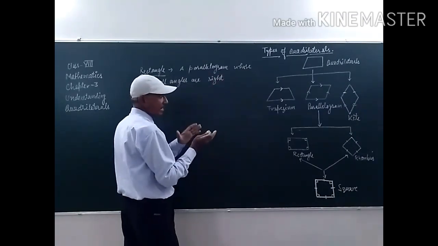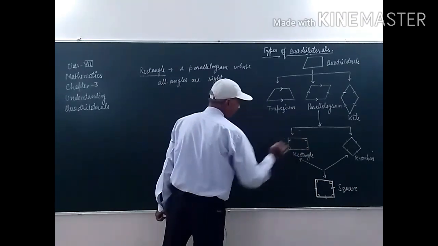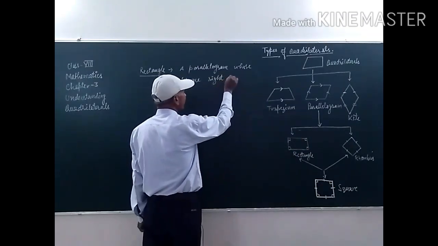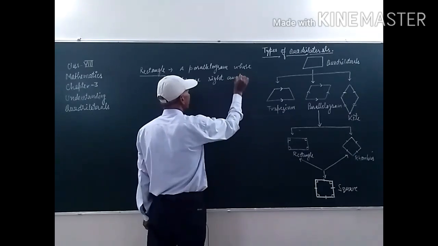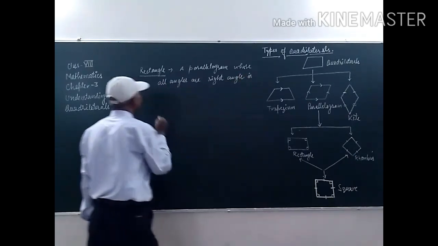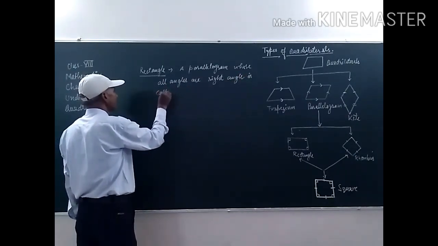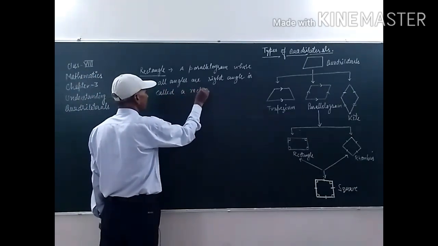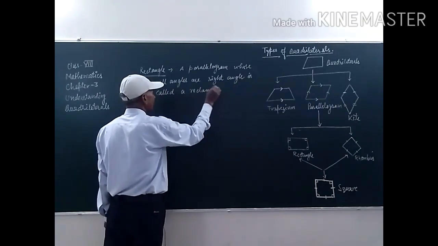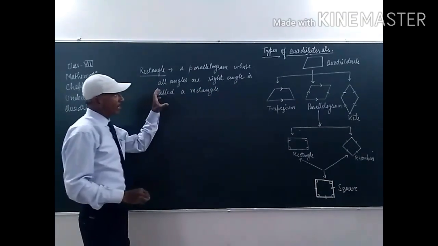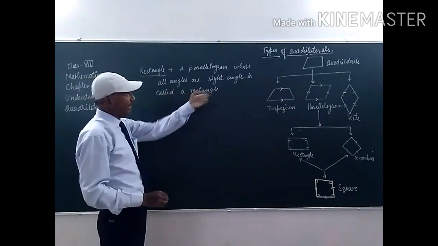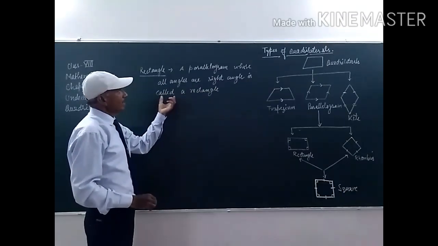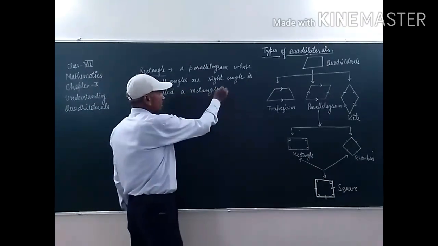Right angle means 90 degrees. A parallelogram whose all angles are right angles is called a rectangle, students.